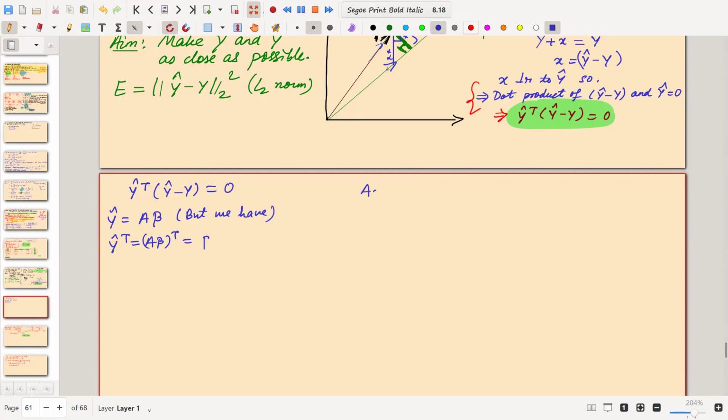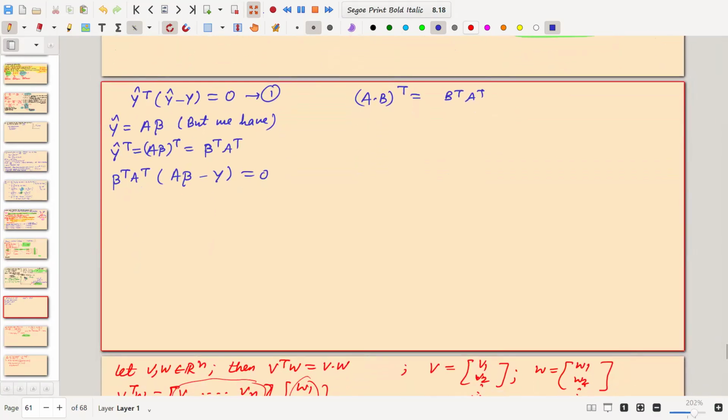You have two matrices A, B, and you are taking the transpose. What is it? Yes, B transpose A transpose. So can we apply it here? Beta transpose A transpose. So beta transpose A transpose times A beta minus Y equals 0.